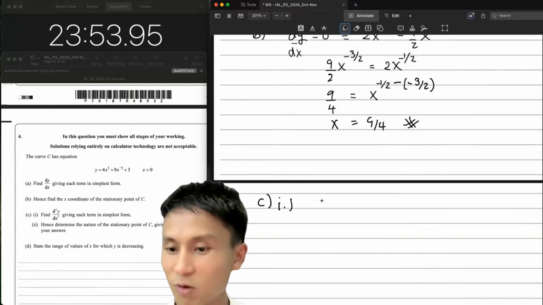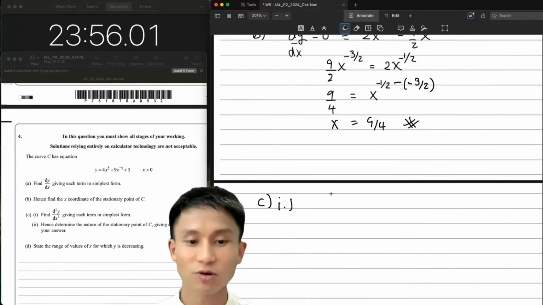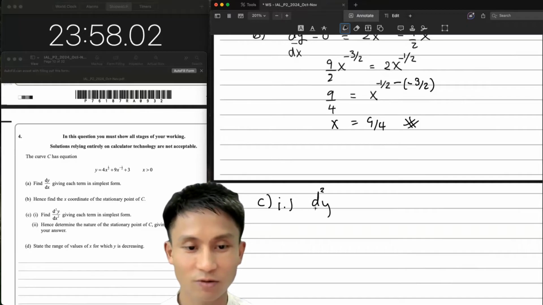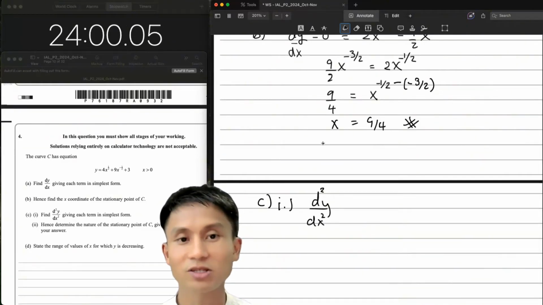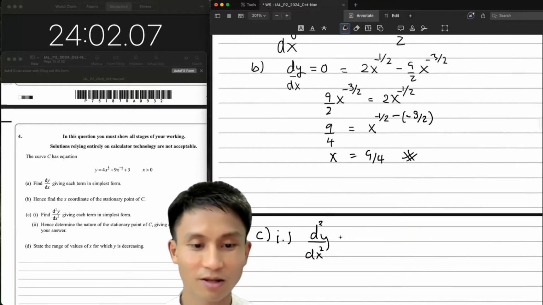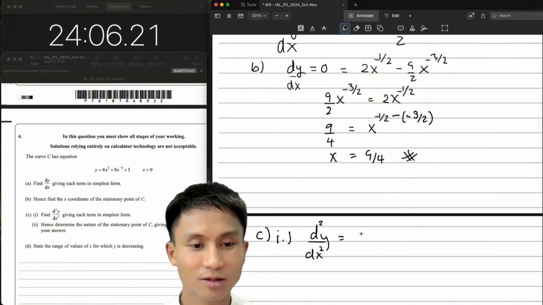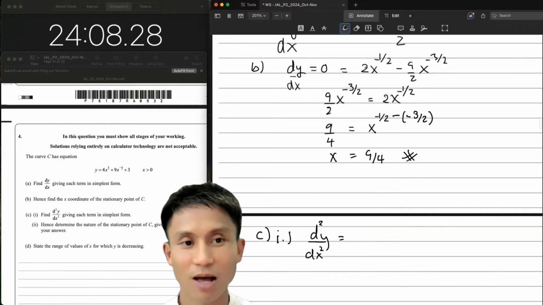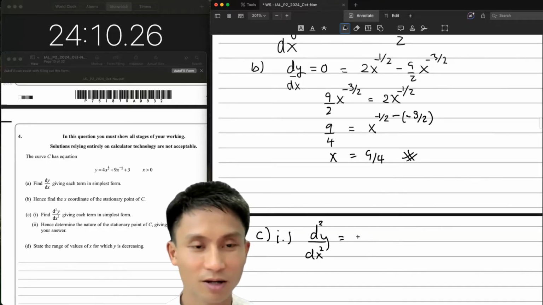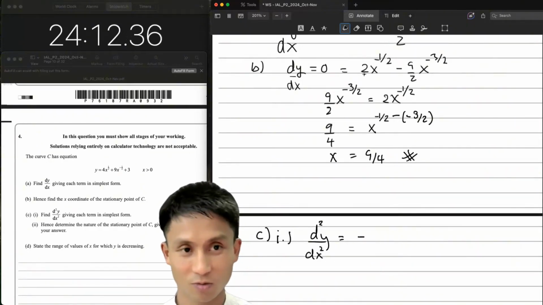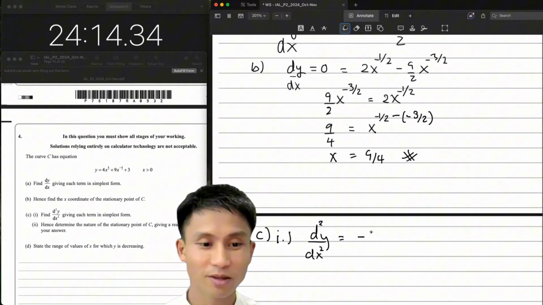Find d squared y by dx squared. So that's called the second derivative. Second derivative is obtained by differentiating the first derivative. So we're going to differentiate this whole lot. Again, bringing the power down: we have a minus 1 over 2 times 2, so that's a minus 1.